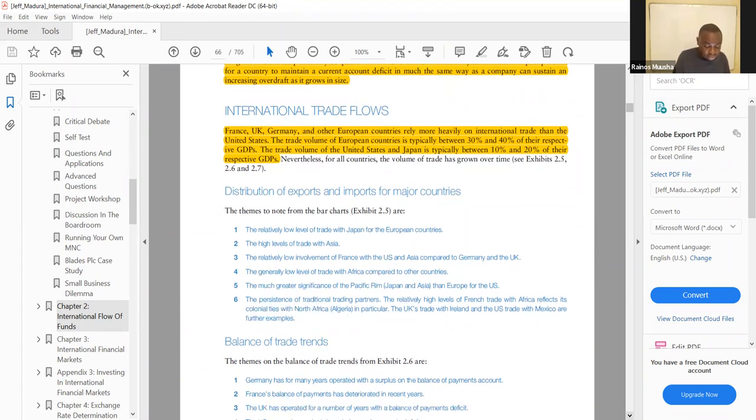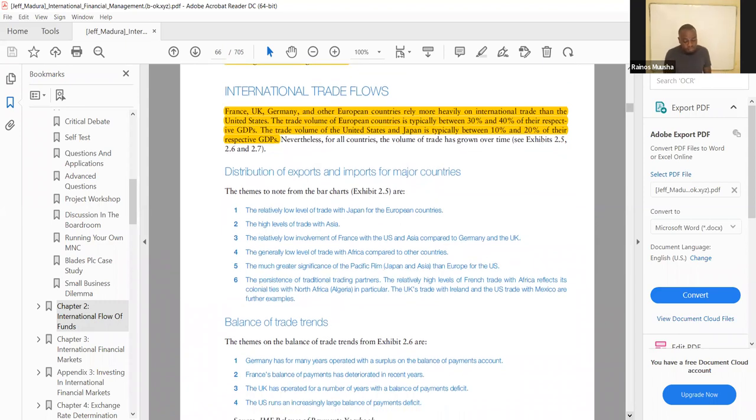That's why European countries are finding it very difficult when it comes to imposing sanctions on Russia, mainly because they rely a lot on their trade flows with Russia, especially when it comes to energy.